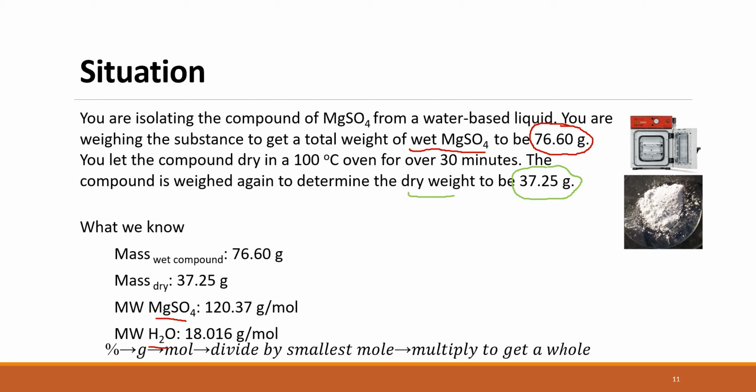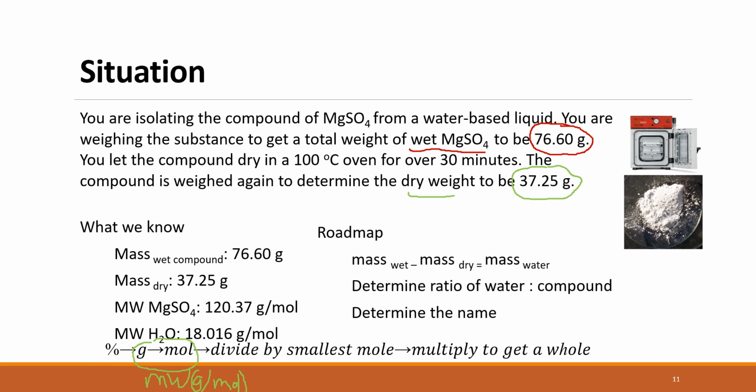So why do they have the masses of both of those? Because you'll notice one of the steps is to convert between grams and moles. And in order to convert between grams and moles, we need to know molecular weight because the molecular weight units are grams per mole and it can convert between the 2. So that's why those are listed there as a known factor that will help us solve.